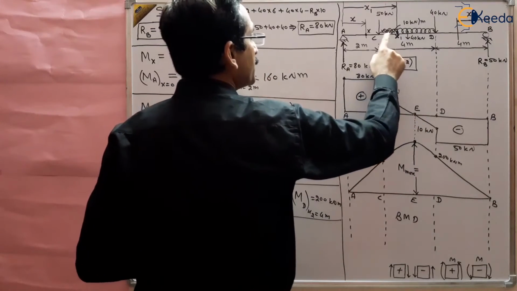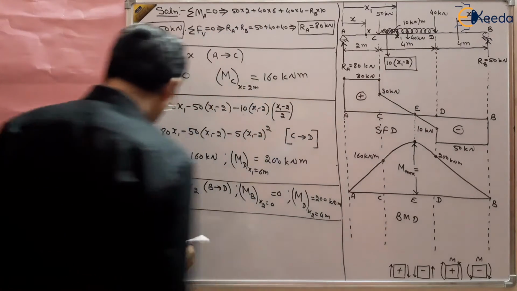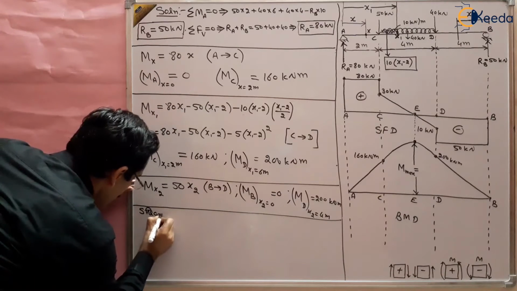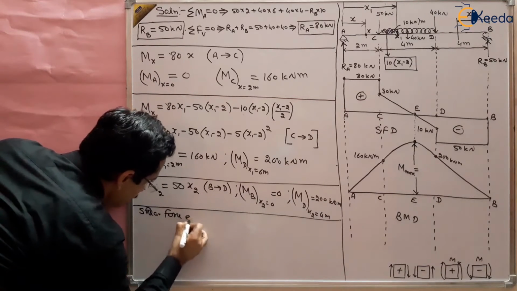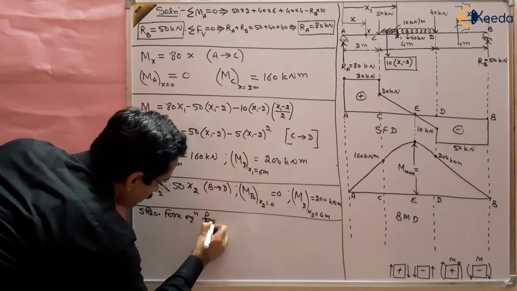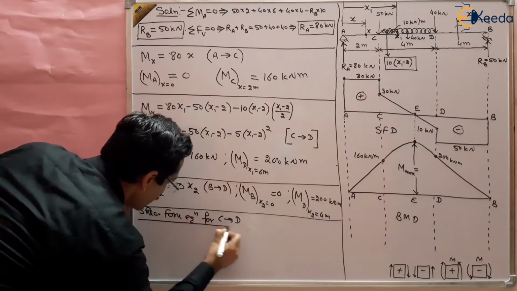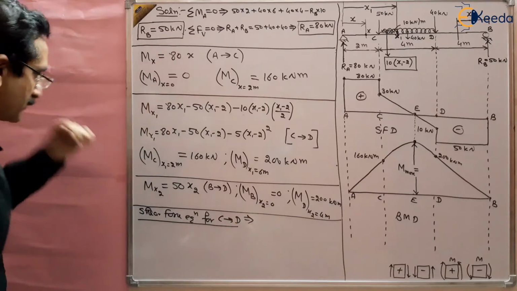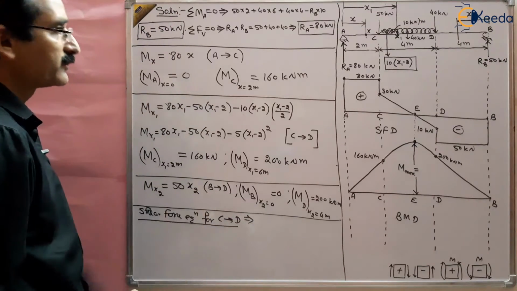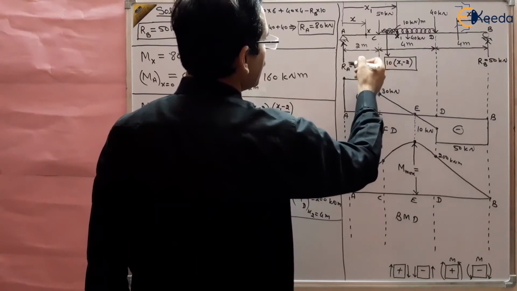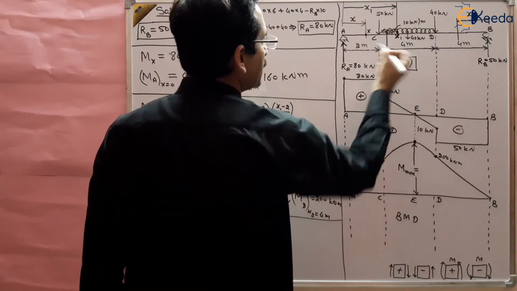So what is shear force between C and D? So we have to find out the shear force equation for C to D. Shear force equation again we have to find out between C to D. We have done that. So for C to D there are 3 forces, RA, 50 and this.